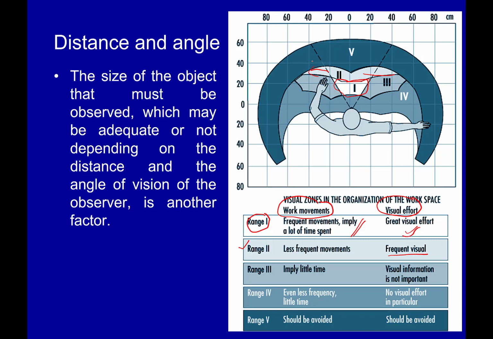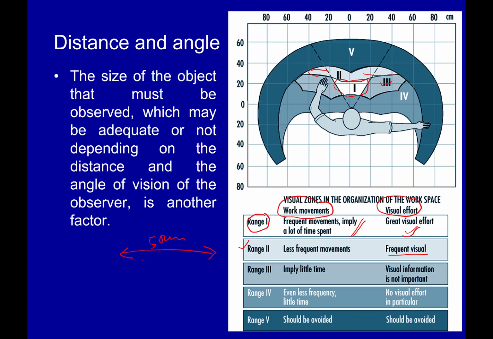If you see, this comes out to be about 10 to 15 degrees below the normal as far as the visual aspect is concerned, and the distance is around, say, up to 50 centimeters or so. So zone 2 is the second one, where less frequent movement and frequent visual requirements are there for successful operation.